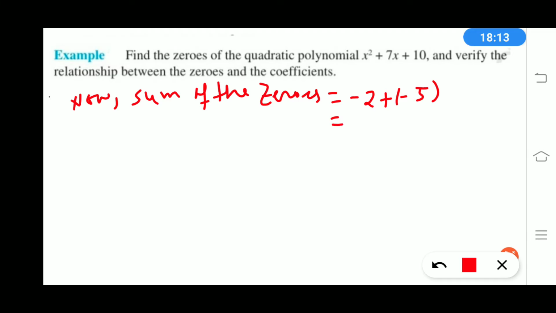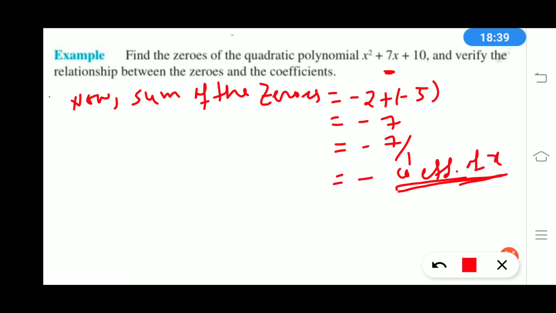So that means minus 7. So minus 7 can be written as minus 7 divided by 1. So 7 is the coefficient of x. Clear? That means minus of coefficient of x divided by 1, and 1 is the coefficient of x square. So minus coefficient of x divided by coefficient of x square. Clear?